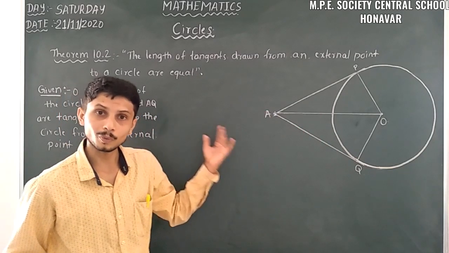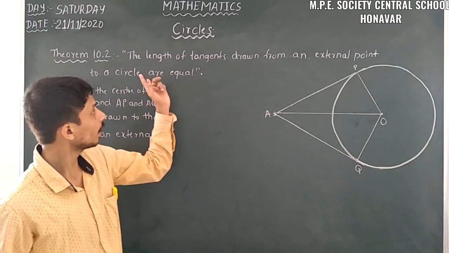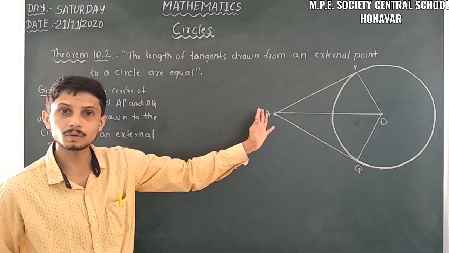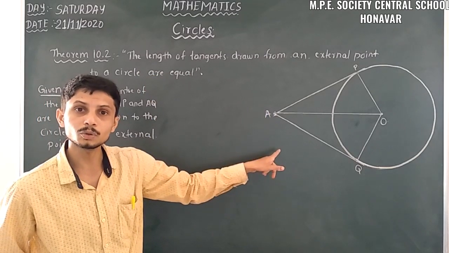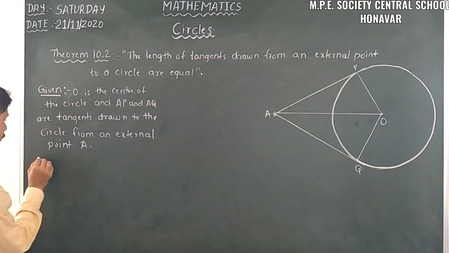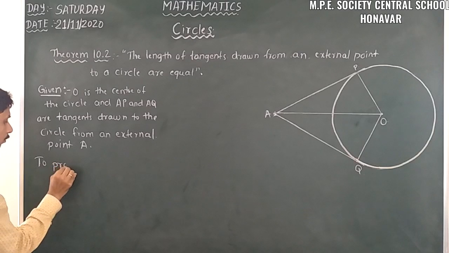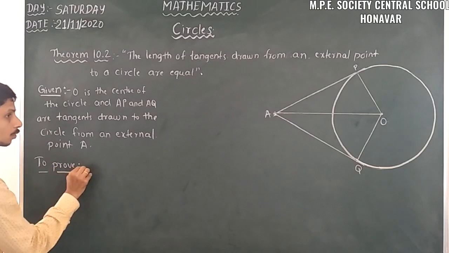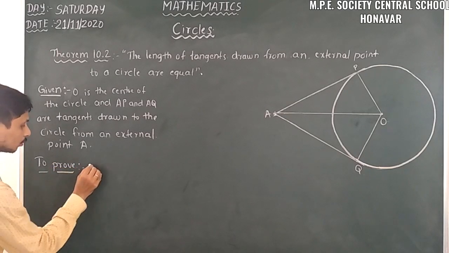We know that one. So what do we have to prove here? We have to prove the lengths of tangents are equal when we draw two tangents from outside of the circle. So we have to prove AP is equal to AQ.